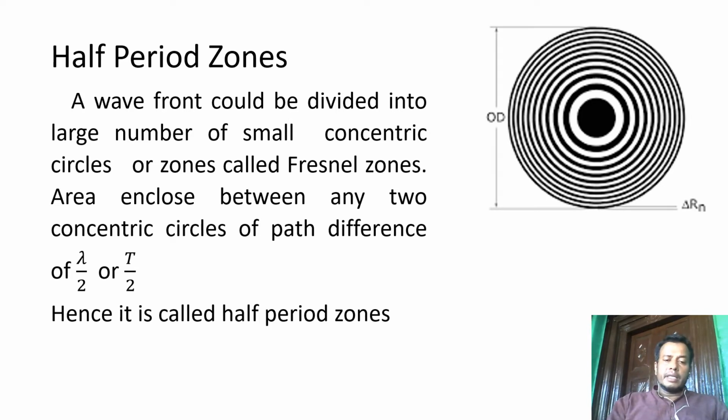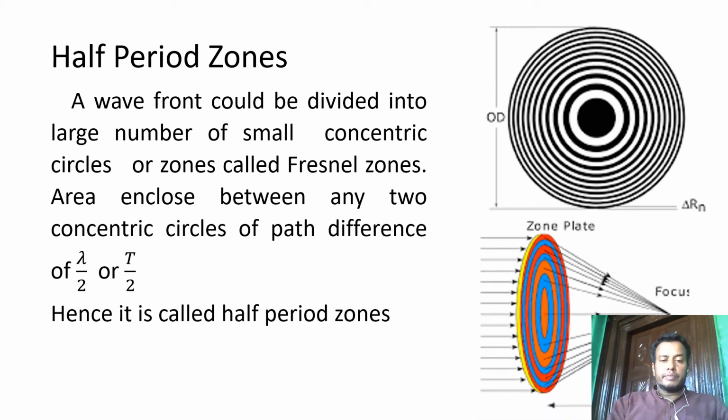This is simply called HPZ. So these half period zones sometimes behave like a convex lens.